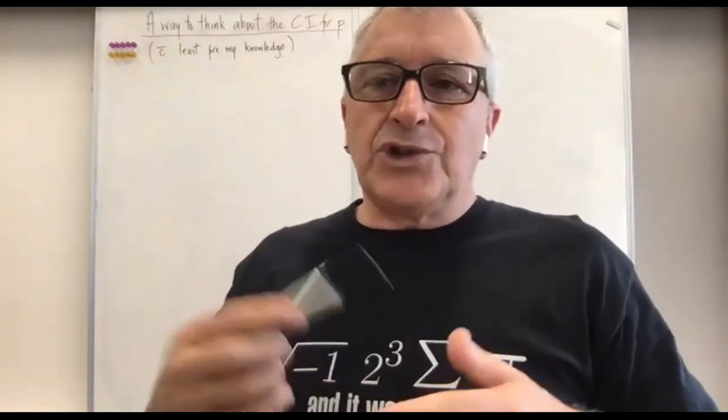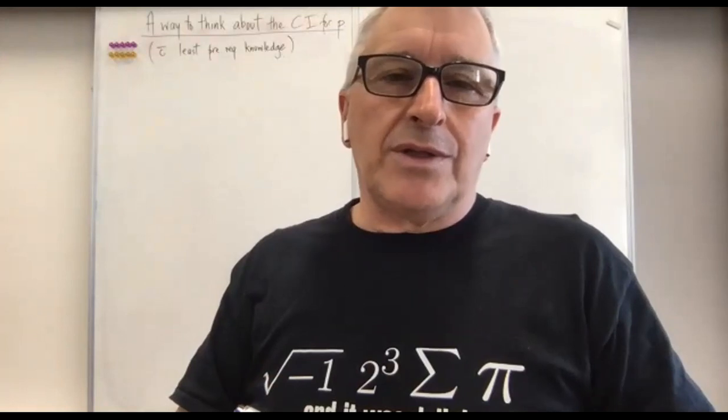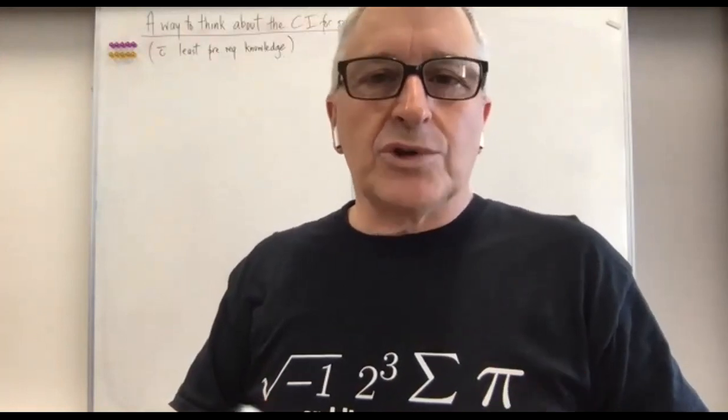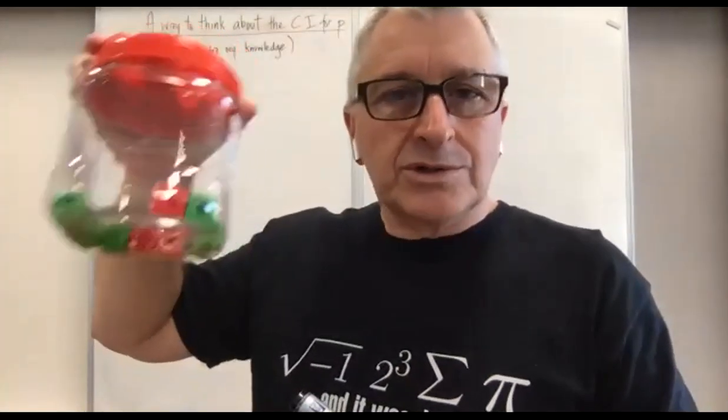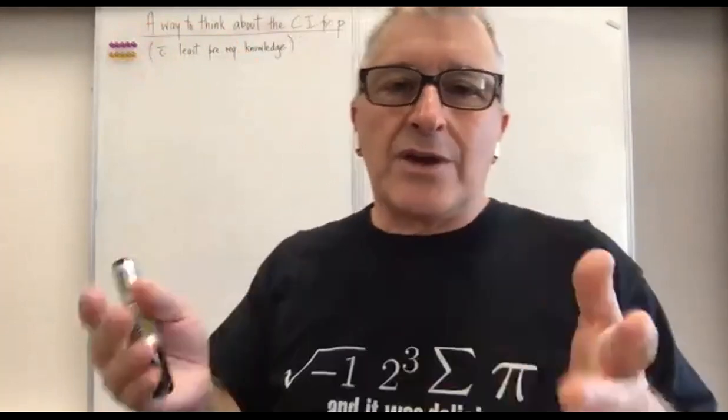have a little journey this morning and look at a way to think about a confidence interval for a proportion, which is the tool that tells us something about the proportion of red blocks in a population without us having to open the lid and count them all out.